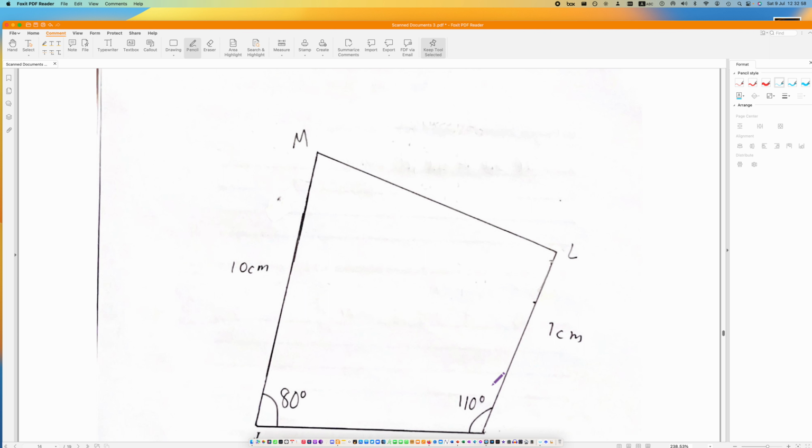It's just 8.4. Is this 8.4? No? Then you started wrong already. These two are also wrong because you started wrong. No, this is correct because I started from this part. Okay, good.